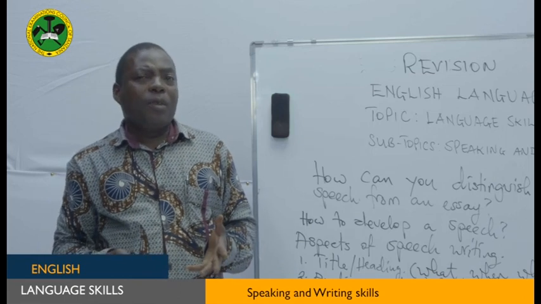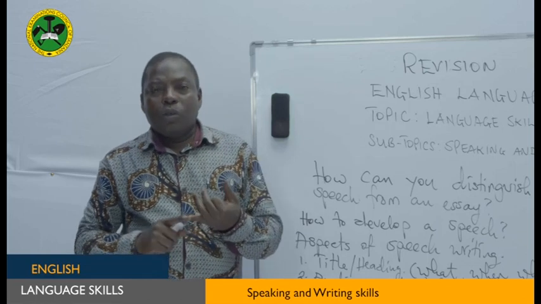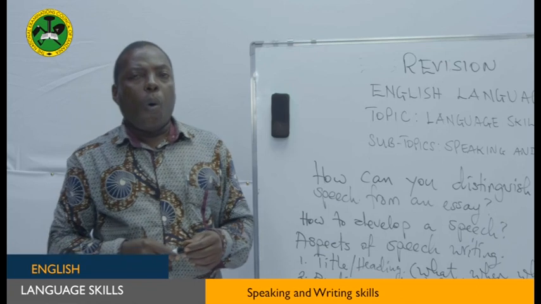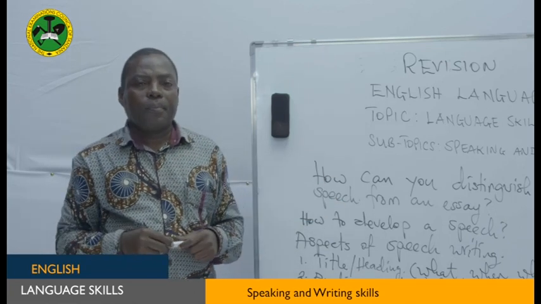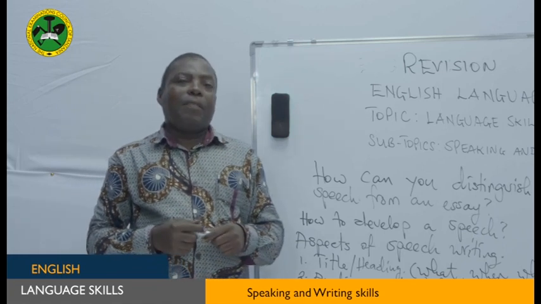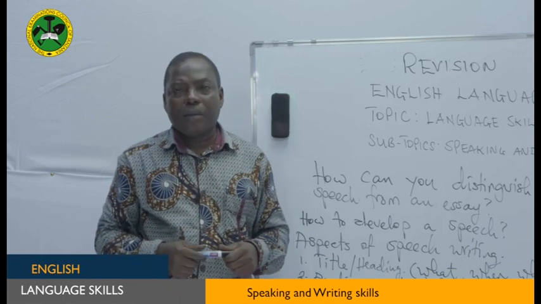The first thing under conclusion, you should try to summarize the area or the content of your speech. But just after that, you have to give what we call thanksgiving.